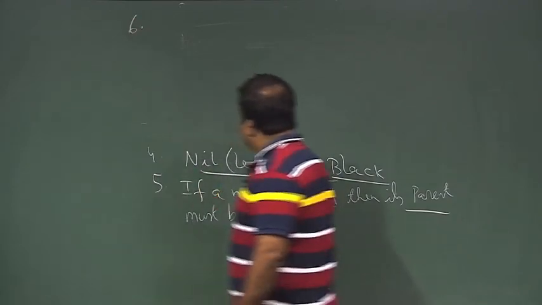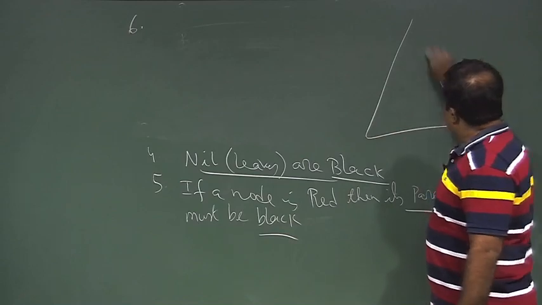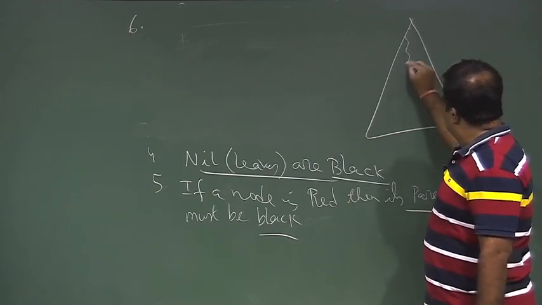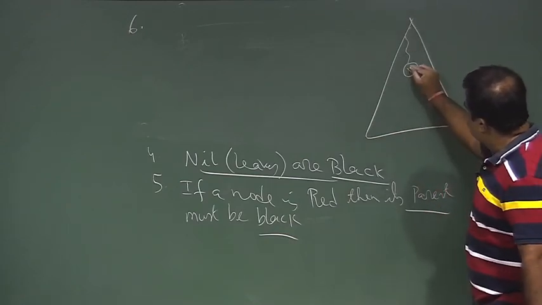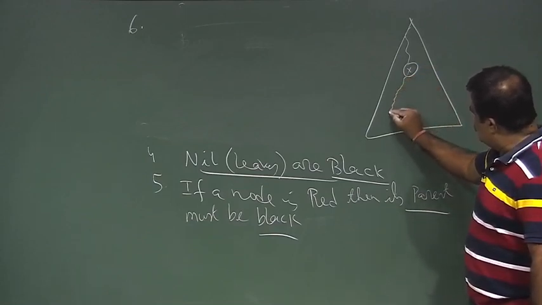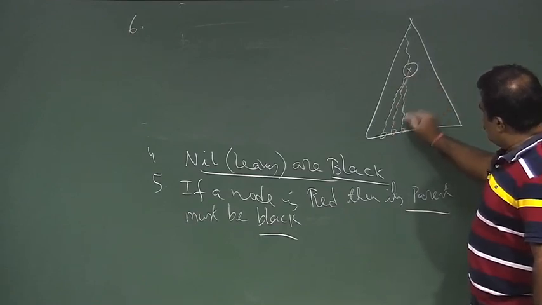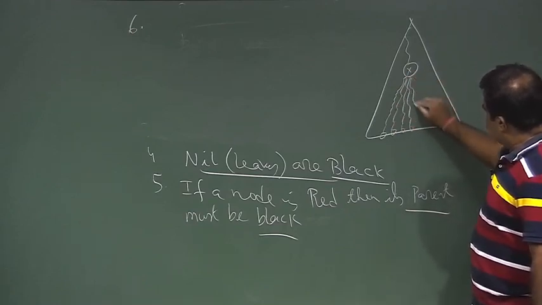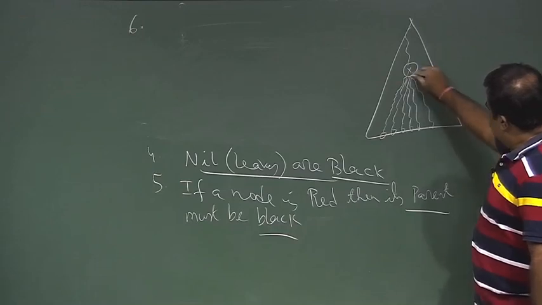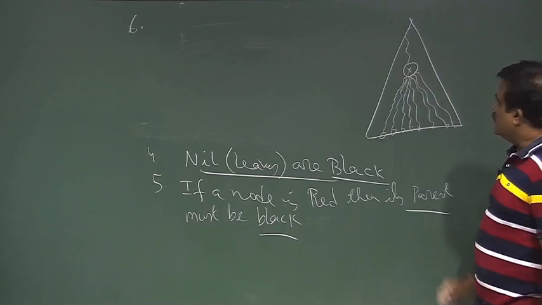It is telling basically, suppose this is a tree. Now, if you take a node and visit all the paths from this node to the leaves, simple paths, we are not considering loops.